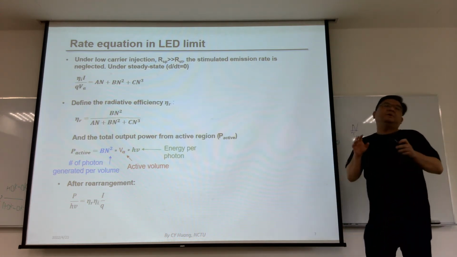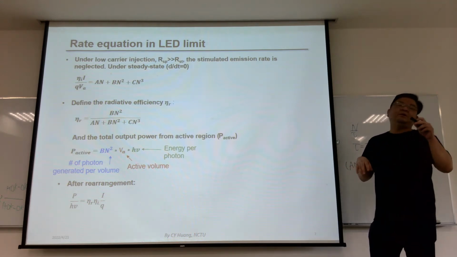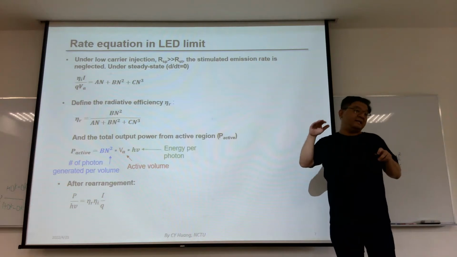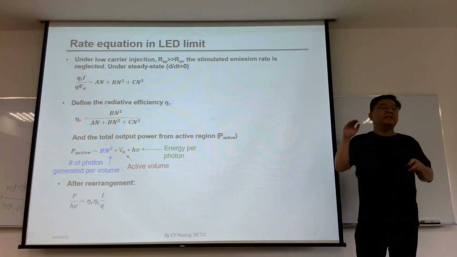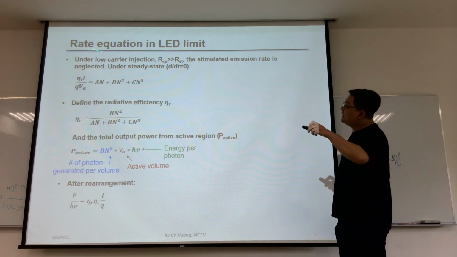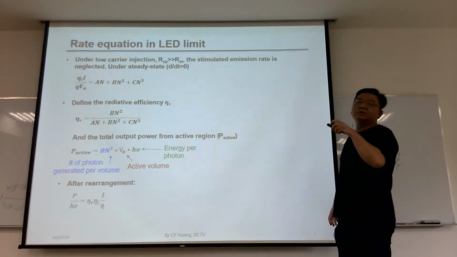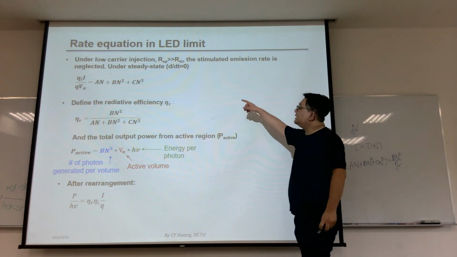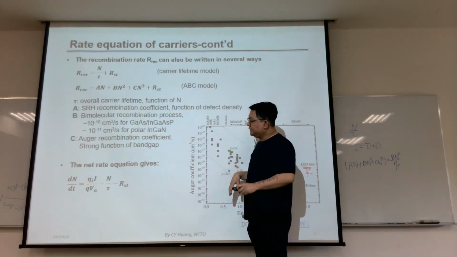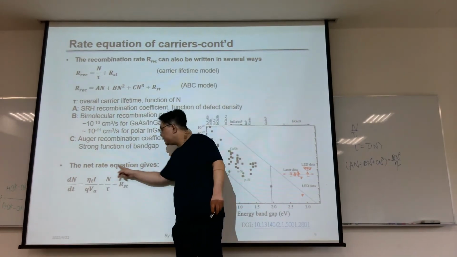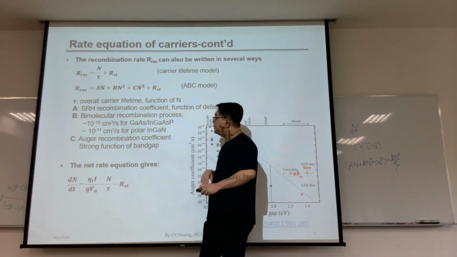So we want to know what happens if we keep exciting the material continuously to reach a steady state. Steady state means that all the terms are not a function of time. They don't change with time. So dN over dt has to be 0. That means this whole term should be equal to 0.